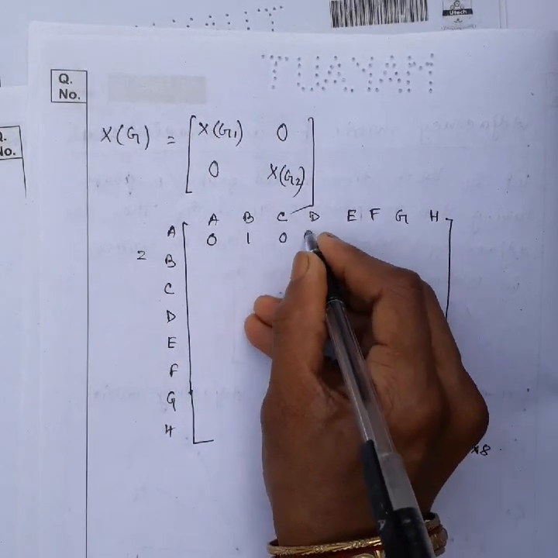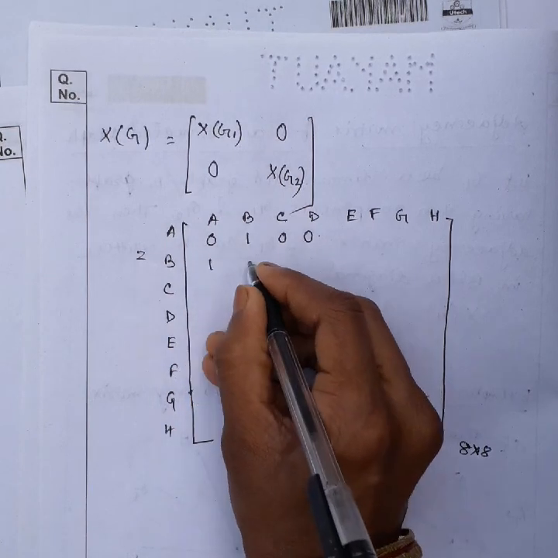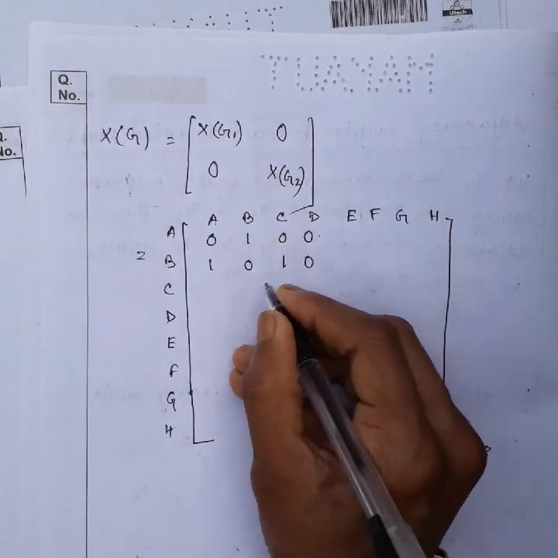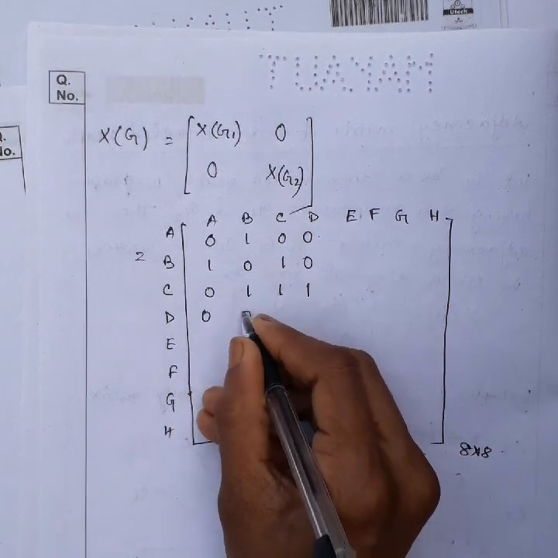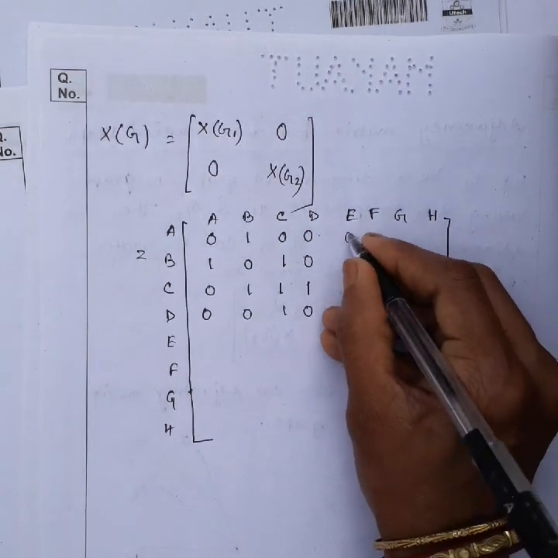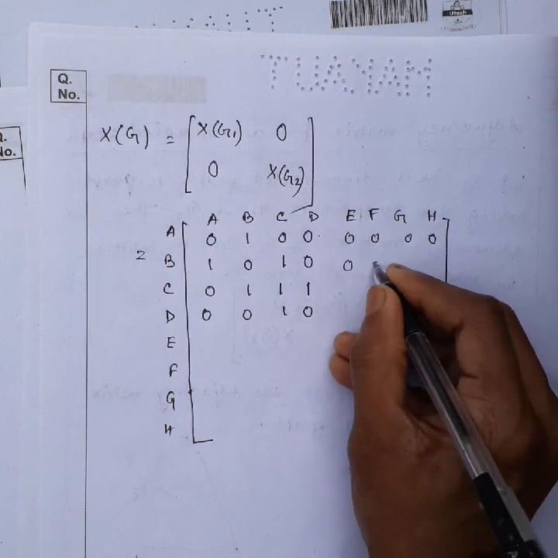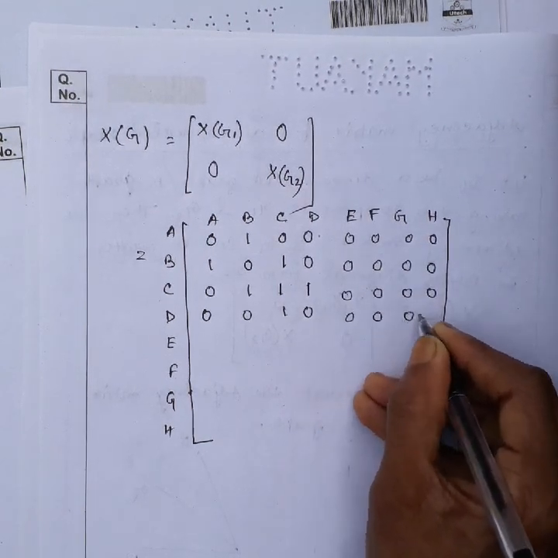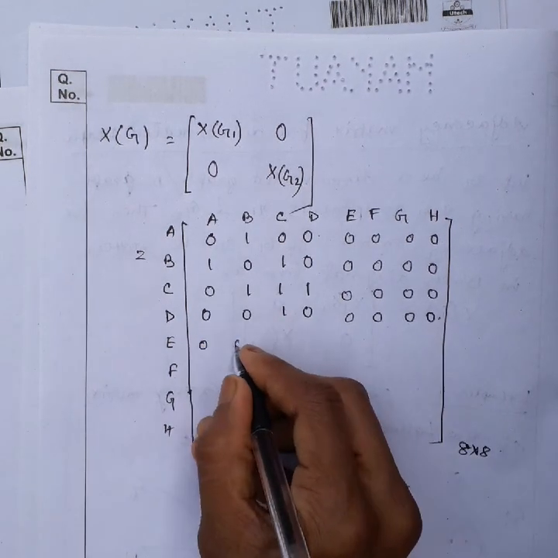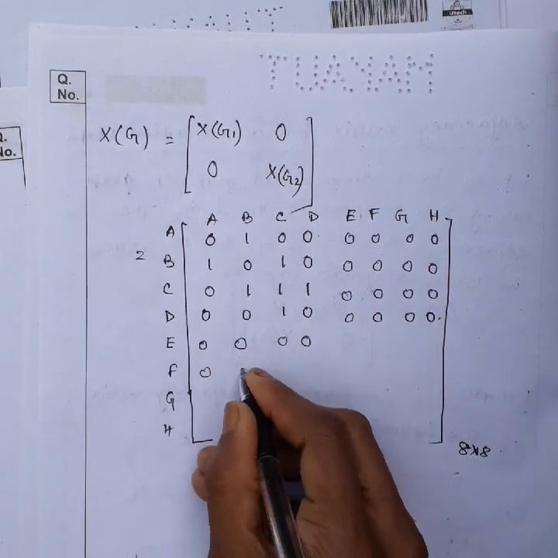First one, A, B, C, D. This is a 0 matrix, that means null matrix. This one is also a 0 matrix.